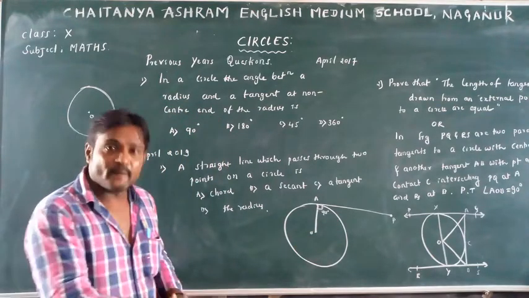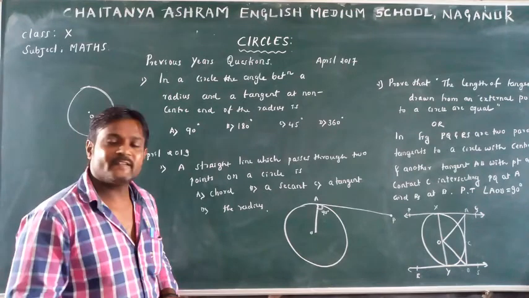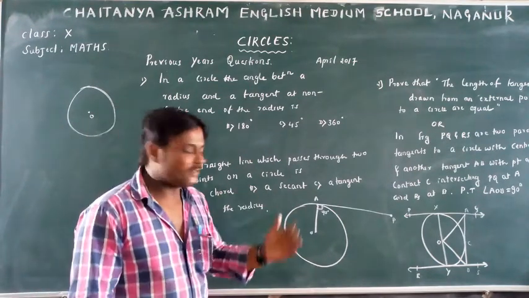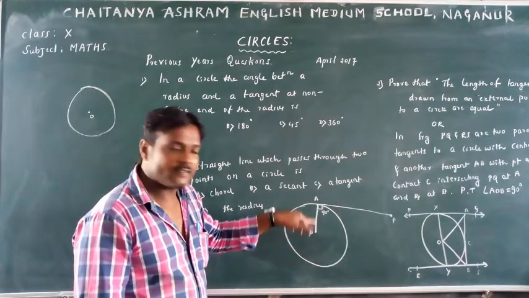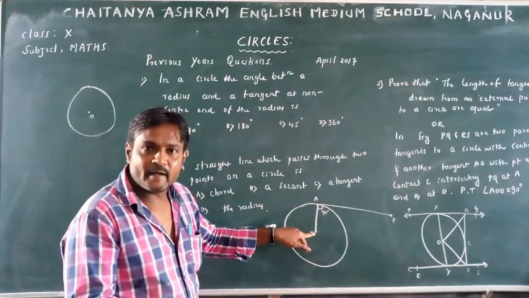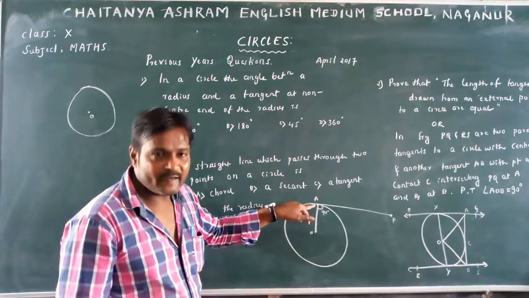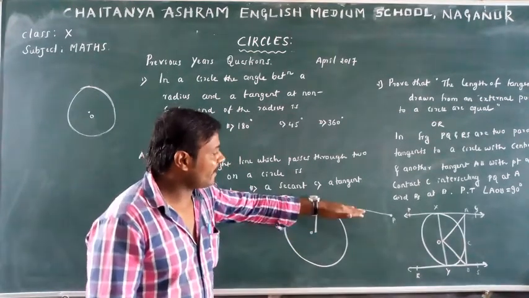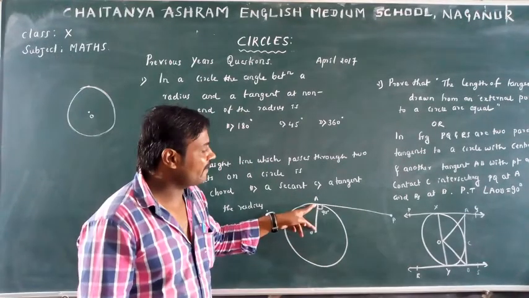So instead of that, they just confused. They asked, this is the radius, this is the center end of the radius, this is non-center end of the radius, this is the tangent, angle between tangent and non-center end of the radius.